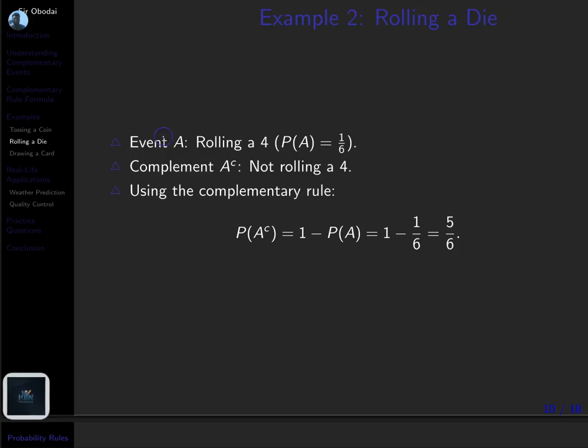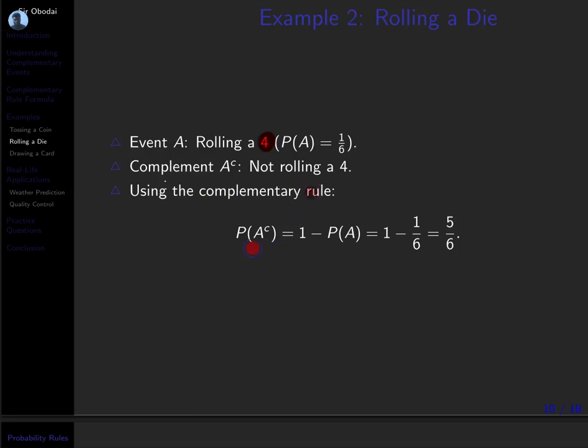The probability of the event of rolling a 4, we have a 4 over here, is 1/6. So the question is, what is the probability of not rolling a 4?